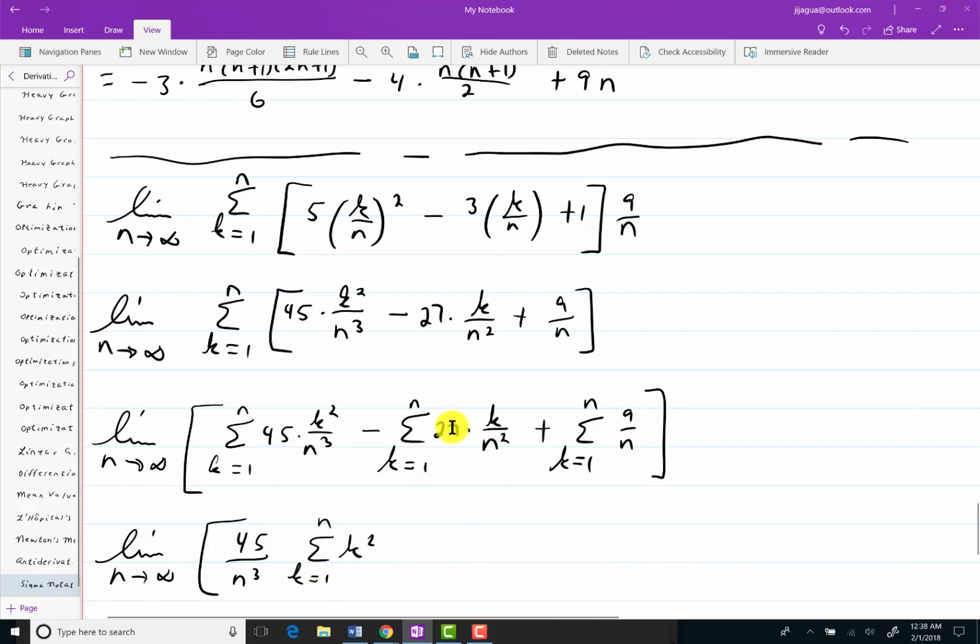Same thing over here. 27 over n squared is like a constant multiple. So I'll bring it out front of that particular sum. K equals 1 to n of k. And then finally I can pull this 9 over n in front of this last sum. 9 over n times the summation k equals 1 to n of 1.